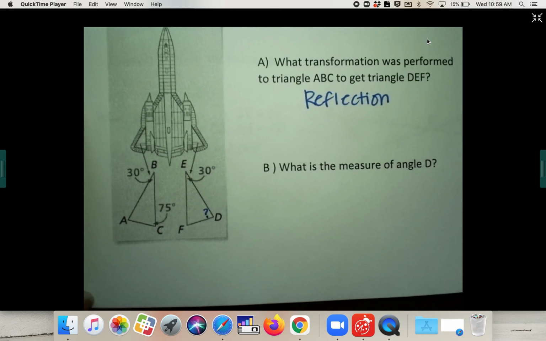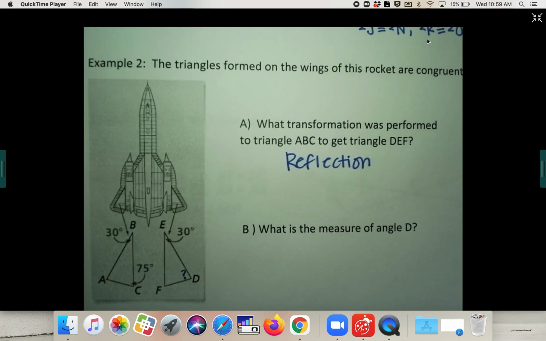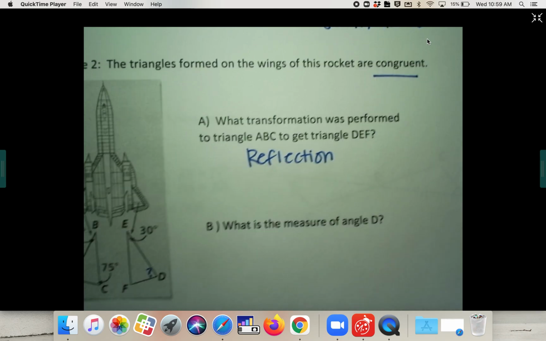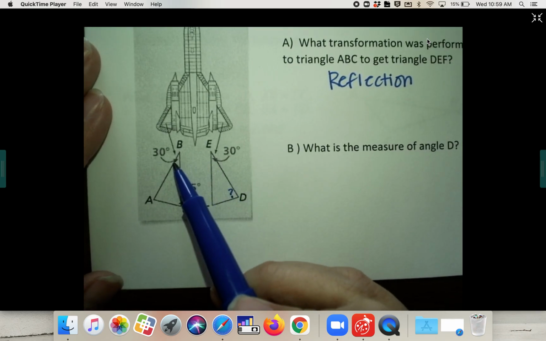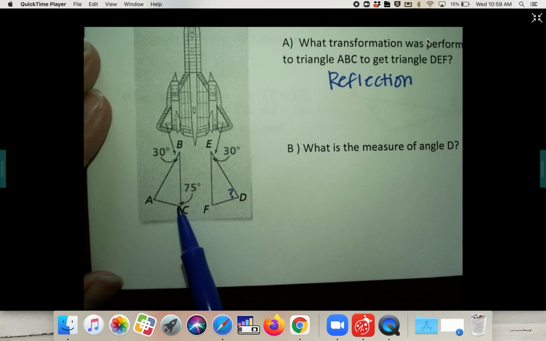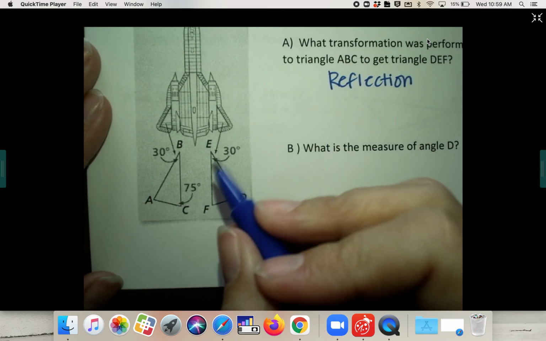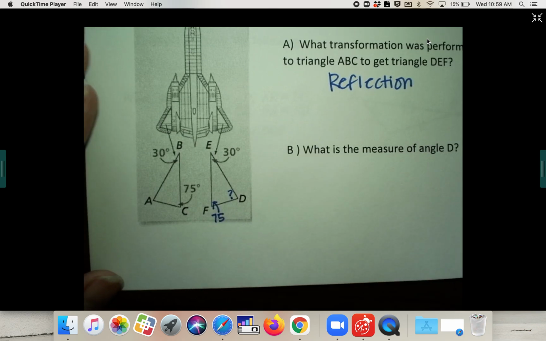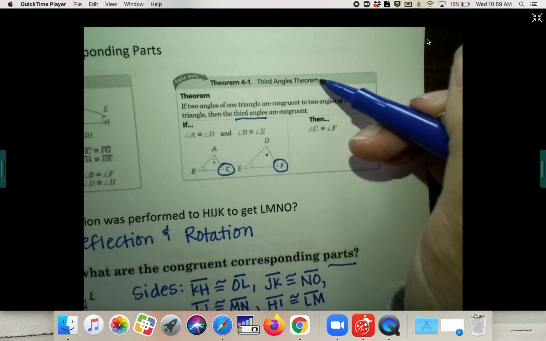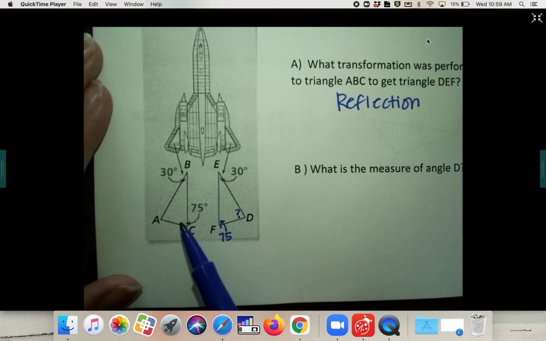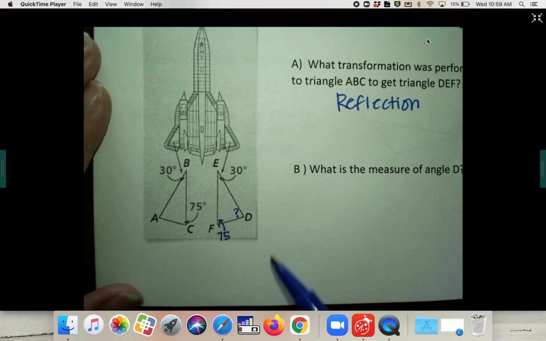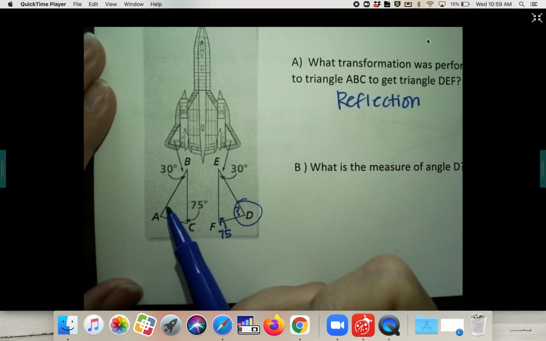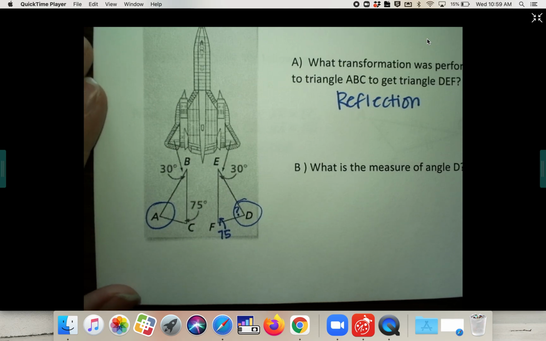So if we know that it's a reflection, but we also know that these are congruent parts, then that means 30 would be 30, 75 down here would be 75 down here since it has been reflected. And then knowing this third angles theorem that we just talked about up here, if we have that the other two angles are congruent to each other, then that means that this angle is also congruent to this angle by third angles theorem.